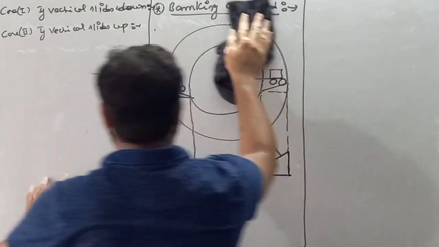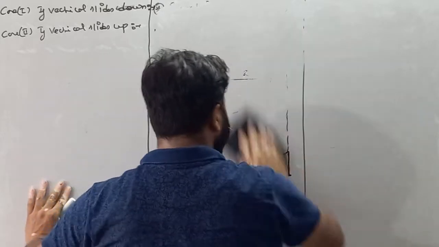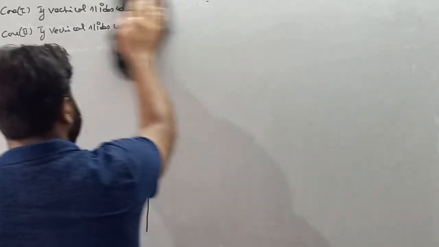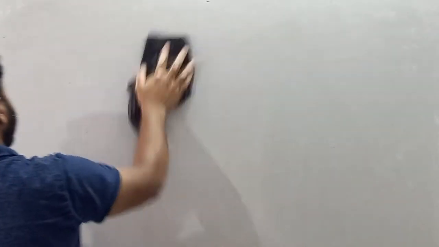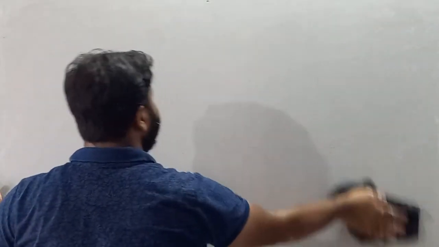If the vehicle skids, in that situation we'll say the nature of friction is kinetic, but here the vehicle is not skidding, hence the nature of friction is static.